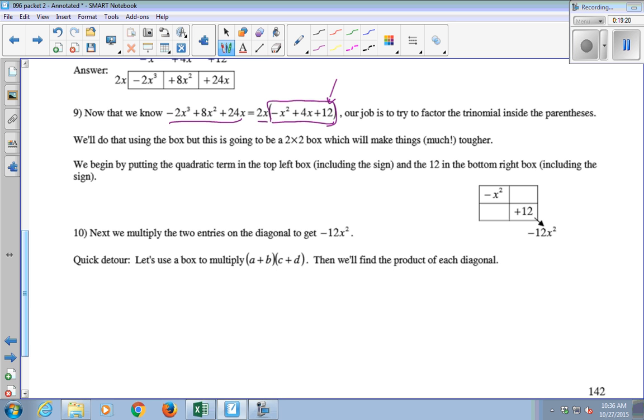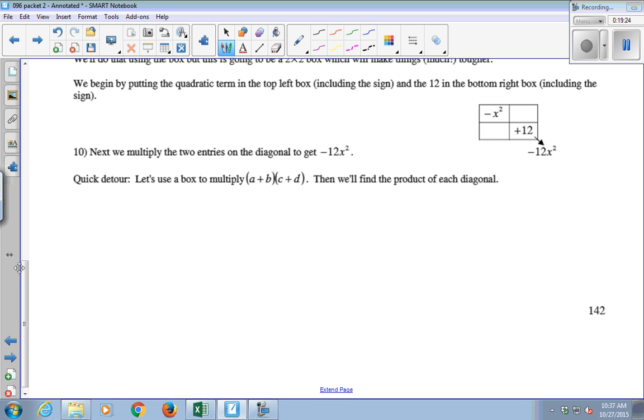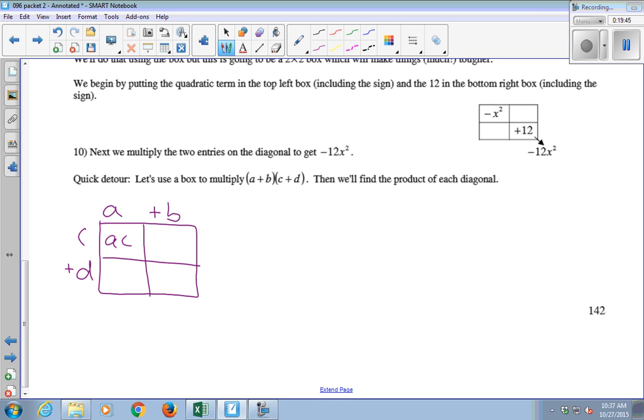Okay, quick detour. We're going to come back to this in 1 second, making a little side point here. If I want to multiply a plus b times c plus d using a 2 by 2 box, I've got a plus b, c plus d. When I multiply and fill in each box, I get AC, BC, AD, and BD.